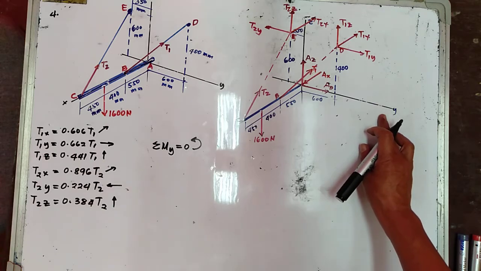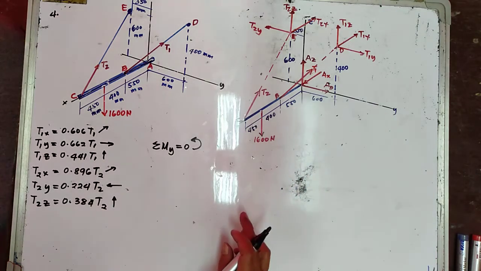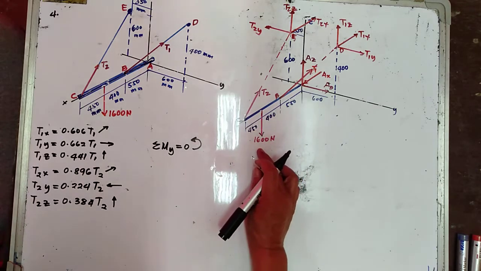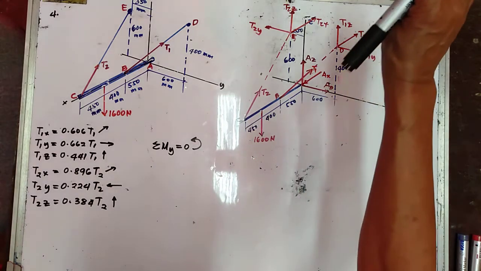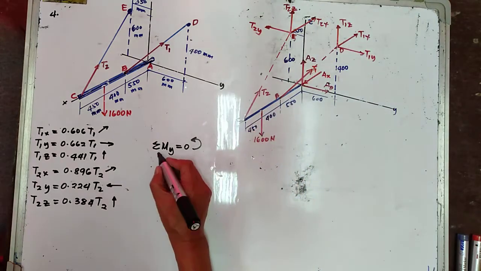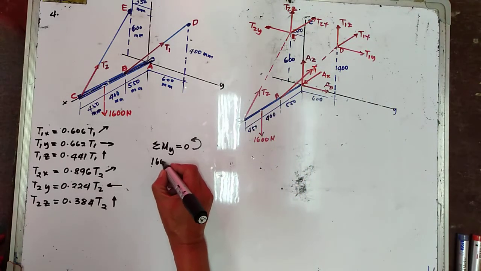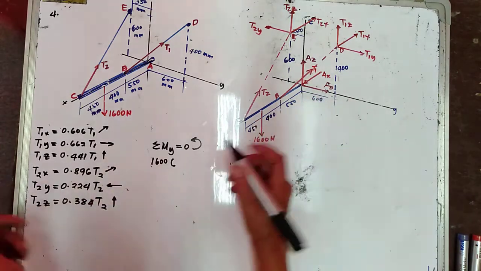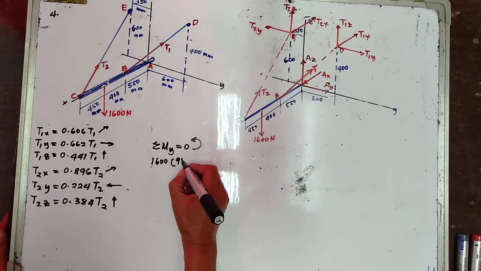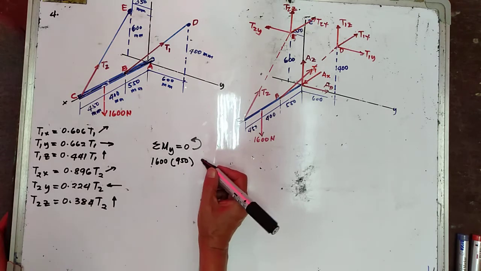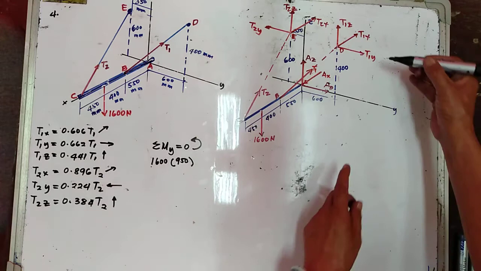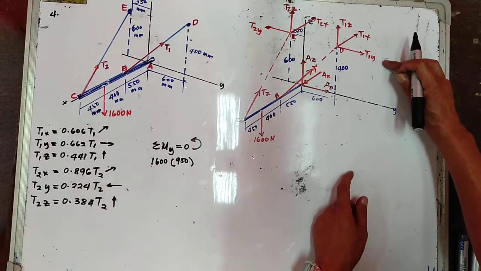So we have now your 1,600 going counterclockwise. The moment arm is 400 plus 550, so that is 950 millimeter. Your T1Y has no moment.